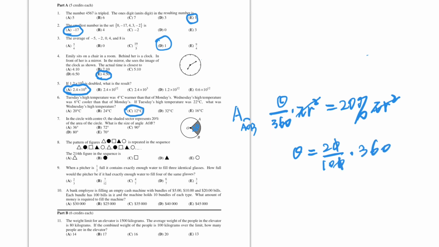So cancel a 0, cancel another 0, 2 times 36, that's the 72. So theta is the 72 degrees. The answer is the B.